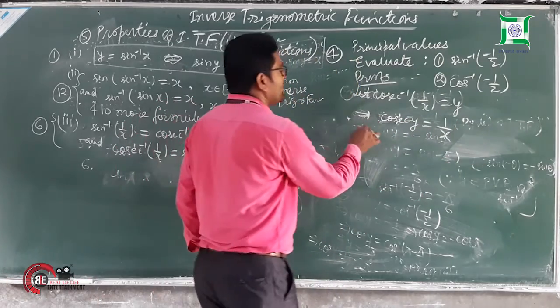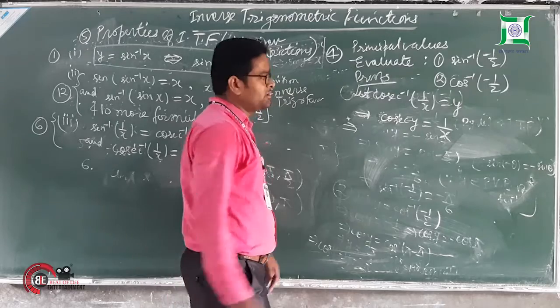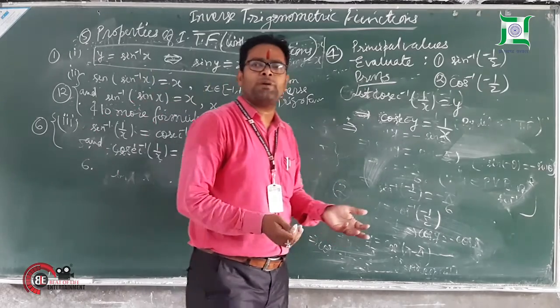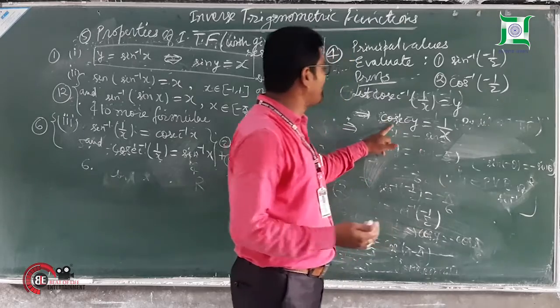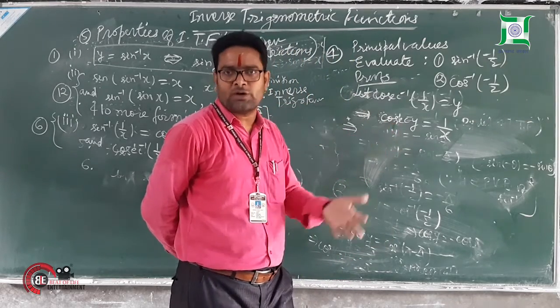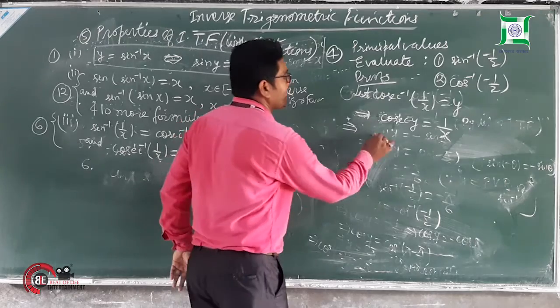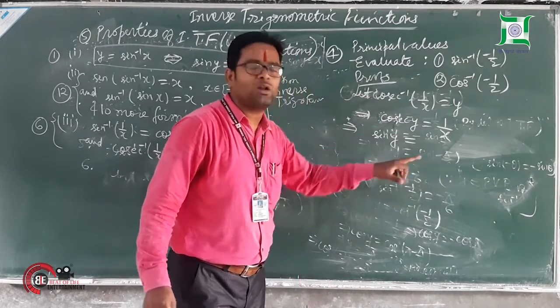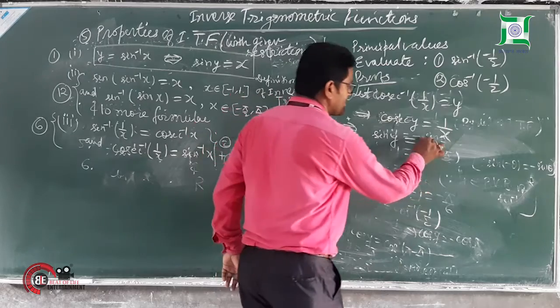Now see, let us take the reciprocals. Reciprocals all of you are knowing. The reciprocal of a by b is b by a. In the same way, reciprocal of cosec y is 1 by cosec y, and 1 by cosec y will be sin y. So it will be sin y is equal to reciprocal of 1 by x, which is x.